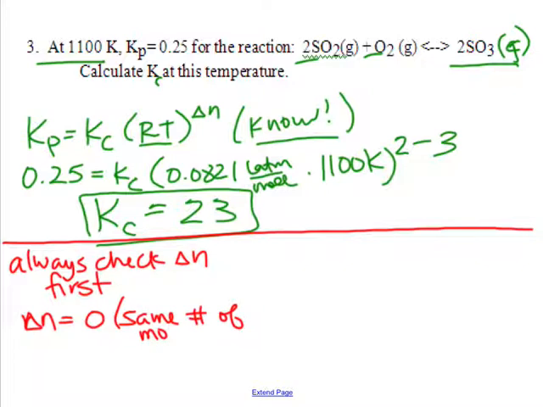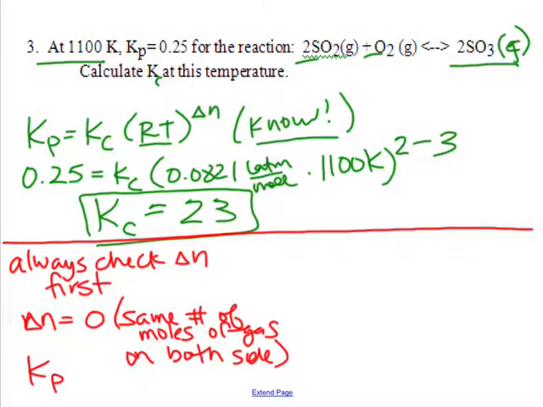There's no change in moles of gas. And if that's the case, what happens to the equation? Exactly. The RT to the delta N becomes 1, because anything to the 0 power is 1. So you end up with Kp is equal to Kc.